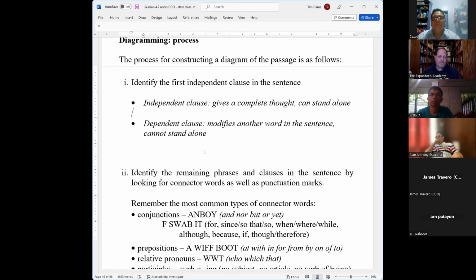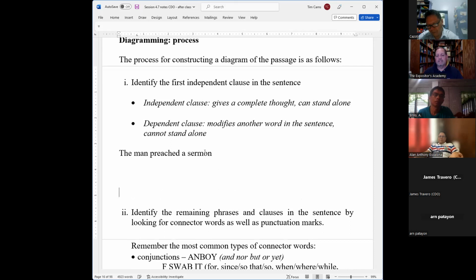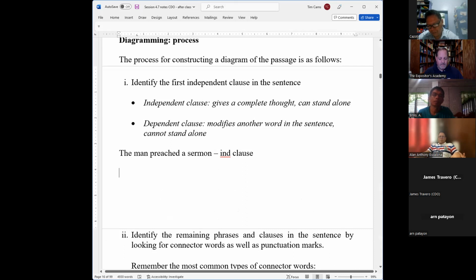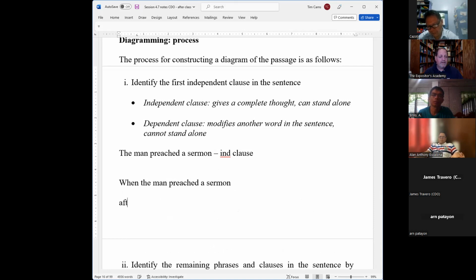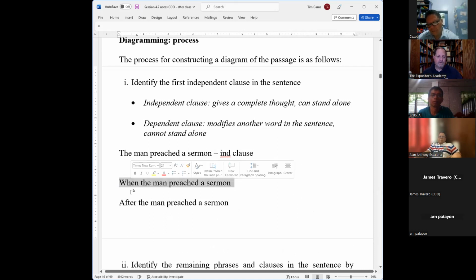If we just say the man preached a sermon, that's an independent clause, because it can stand alone. It gives a complete thought. A man preached. What did he preach? A sermon. But if you say when the man preached a sermon, or after the man preached a sermon, these are dependent, because they're being introduced by a word like when or after.